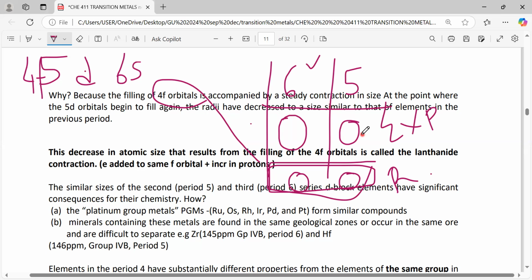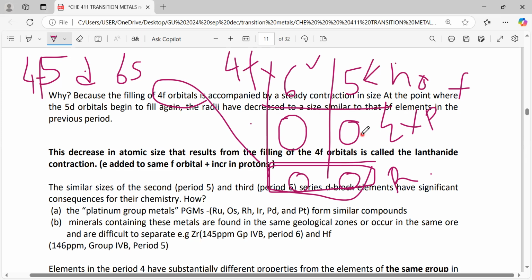So when you get to period 6, what will you start with? Filling the 4f orbitals. Period 5 doesn't have f orbitals. So when you reach period 6, you start filling the 4f orbitals before you fill the 5d and 6s.